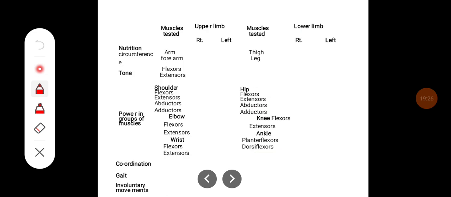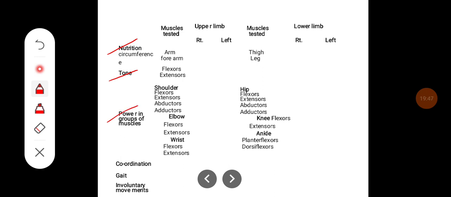And this is how the report has to be written, where you mention the nutritional state of the upper and lower limbs. You have to mention the tone in both the upper and lower limbs.